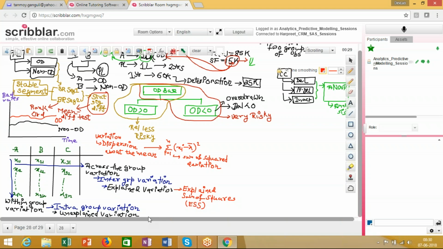This is also known as the residual sum of squares, or the sum of squares of errors, which is known as the RSS.